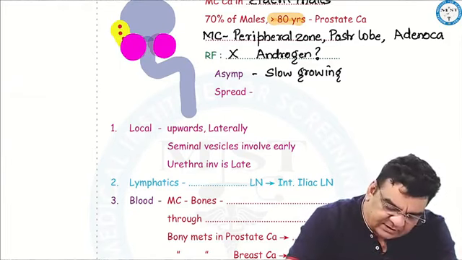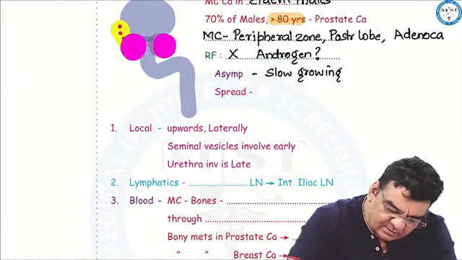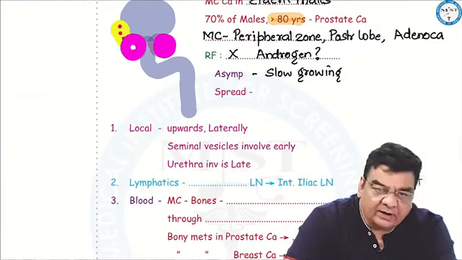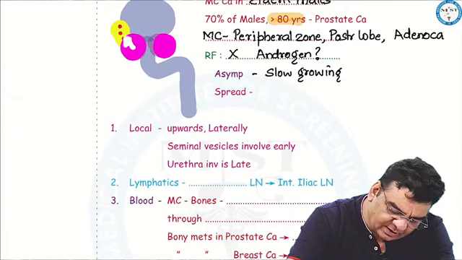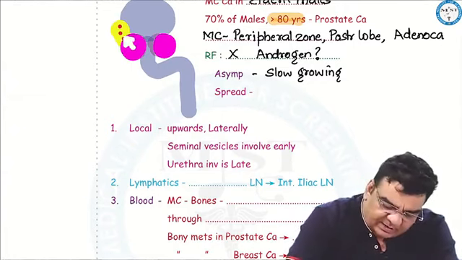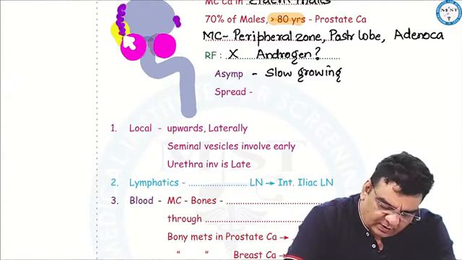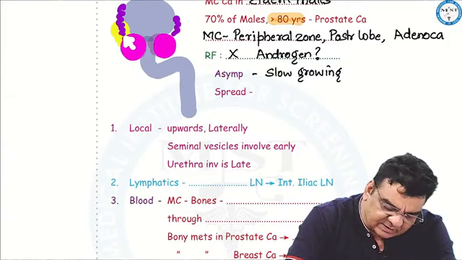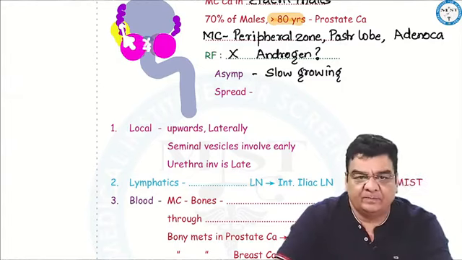If I say there is a cancer here, and now this cancer has to spread, so it usually spreads in an upward lateral direction, and behind the bladder lie the seminal vesicles here. So involvement of seminal vesicles by this cancer can occur early, but involvement of urethra occurs late.